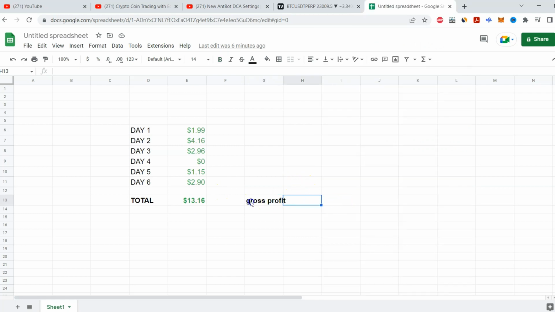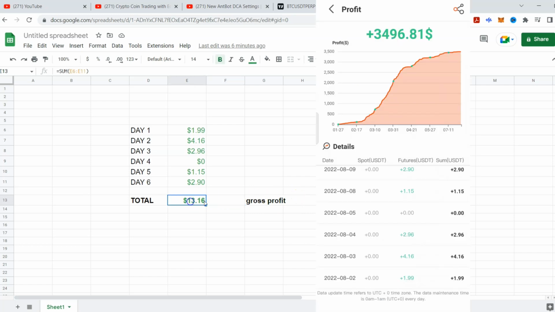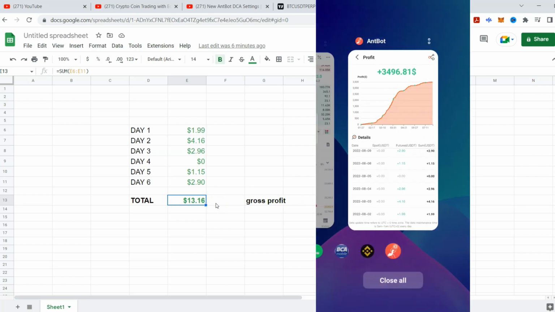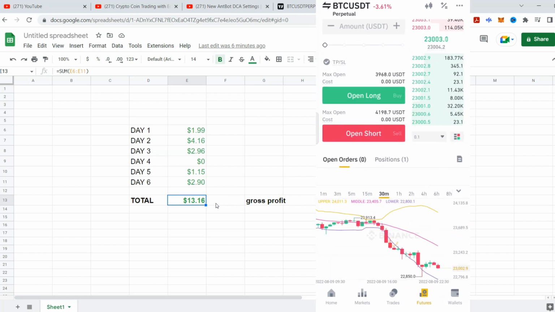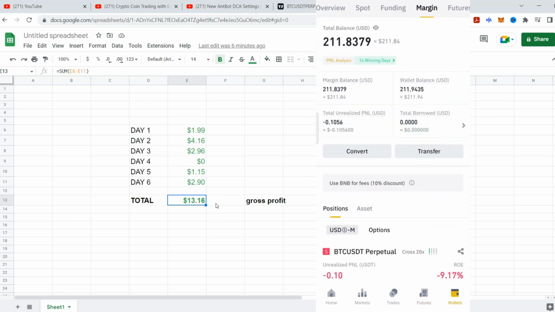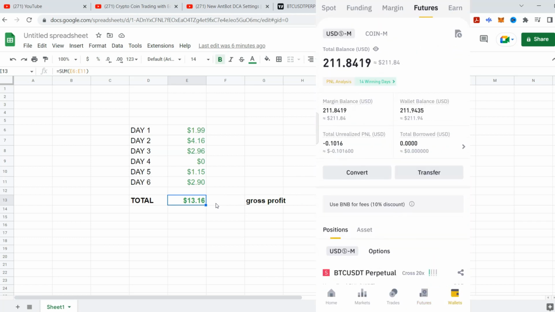If you want to find out the net profit, you need to minus the Binance trading fee, the funding fee, and the AntBot fee. The easiest way to know the net profit: just go back to your Binance, look at your wallet, and you can see your wallet balance.